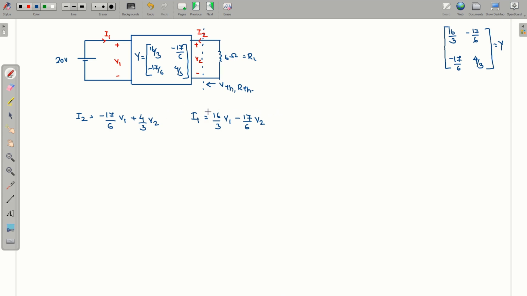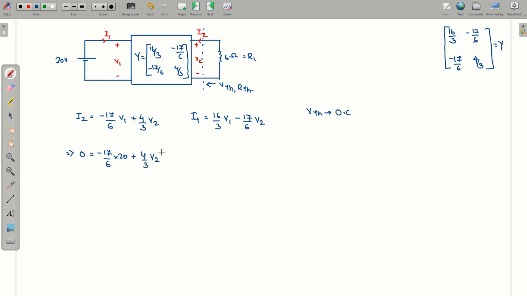Now we know that VTH is basically the open circuited voltage. Open circuit means what? I2 will be equal to 0. So if I put I2 equal to 0 in this expression, what will I get? V1, you can see, is 20 volt directly.